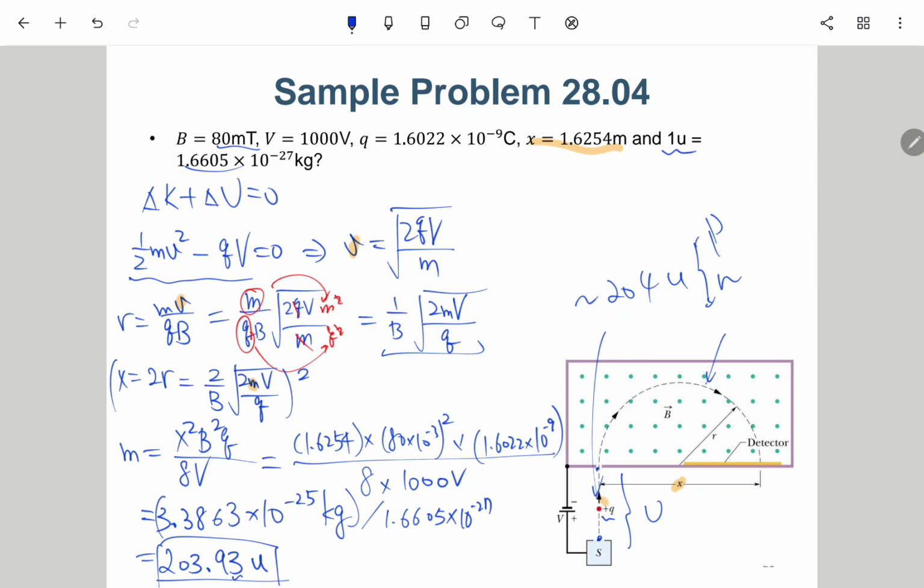The mass of an electron is very light, 9.11 times 10 to negative 31. So it has a three order difference, more than 1,000 times difference. So you won't expect there are too many electrons there.